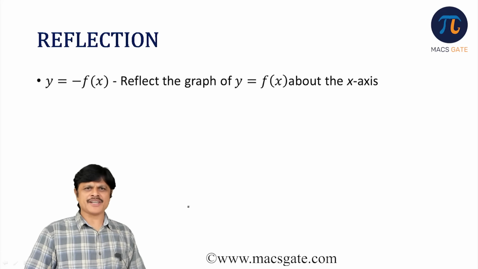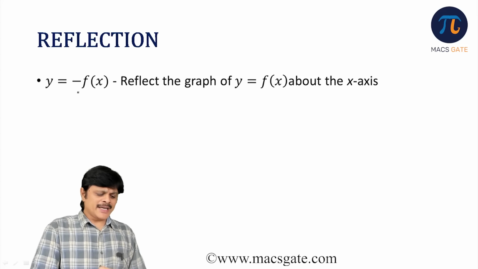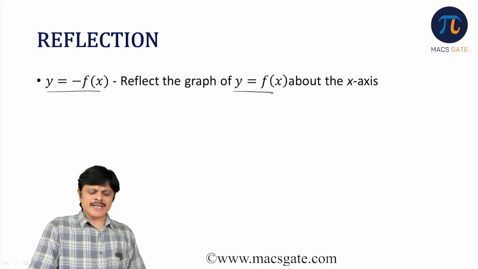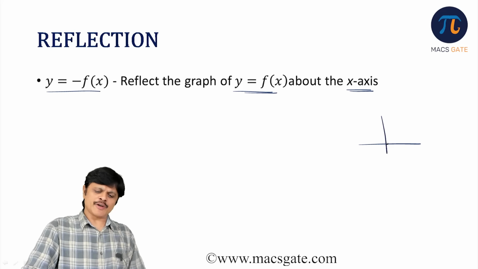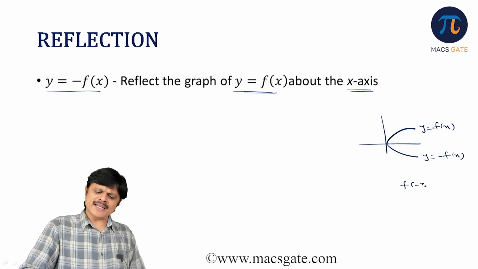Now the reflection, y is equal to minus fx. Suppose y is equal to fx is your original graph, and when you do minus fx, then it is reflection about the x-axis. And if f of minus x is there, then it is reflection about the y-axis.